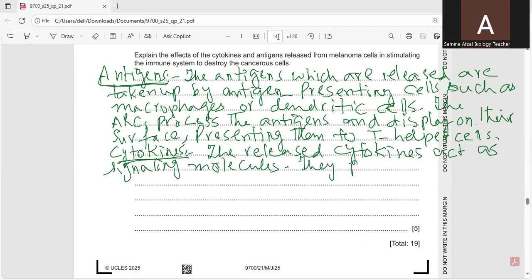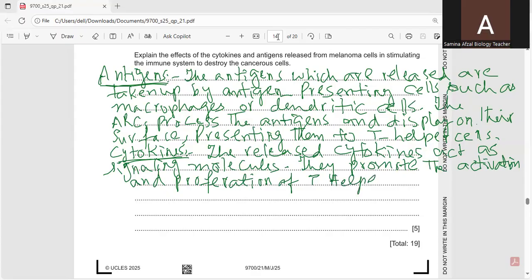They promote the activation and proliferation of T helper cells and cytotoxic T lymphocytes.